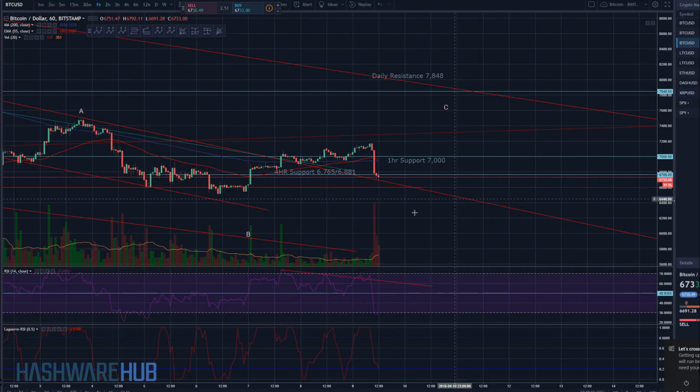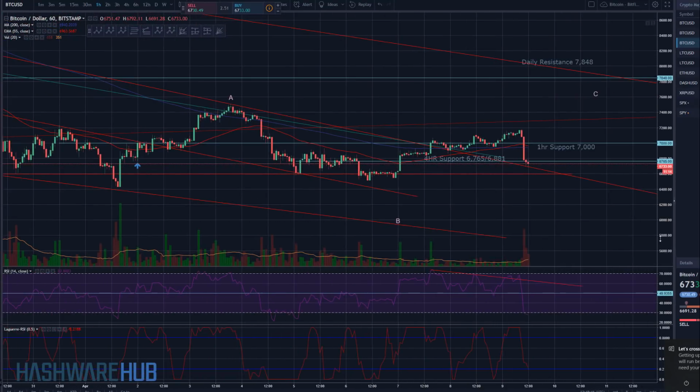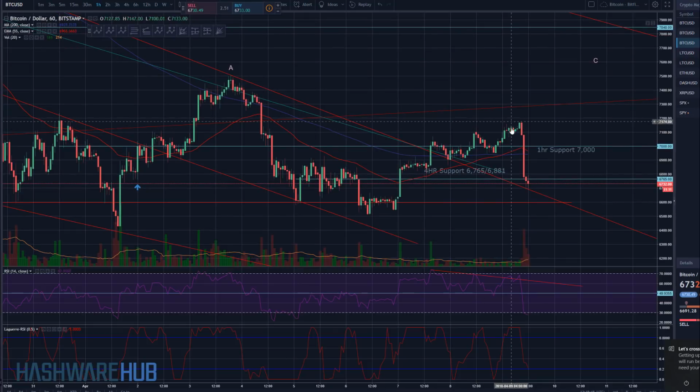Last night we made a video. We were looking at this divergence, which was actually the name of the video yesterday, Bearish Divergence. We were looking at this divergence with RSI, and we drew this line from this top here.